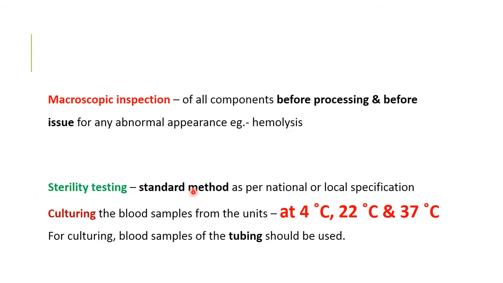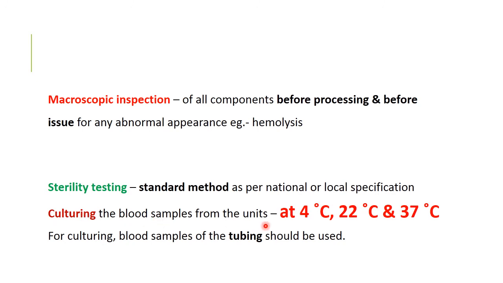Sterility testing also should be done by standardized methods. Sterility testing is done by culturing of blood samples. The blood samples are obtained from the blood units from the tubing segments. Those segments are cut open and the blood samples are collected and sent to the microbiology lab for culture.